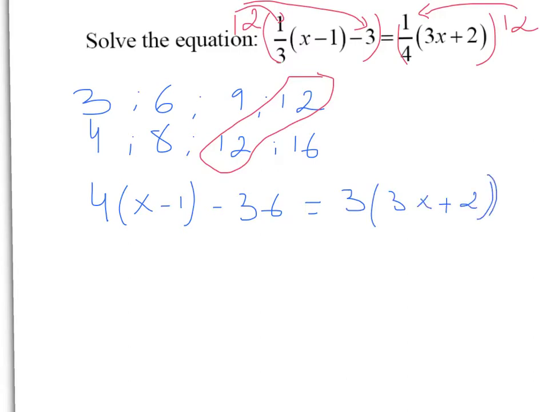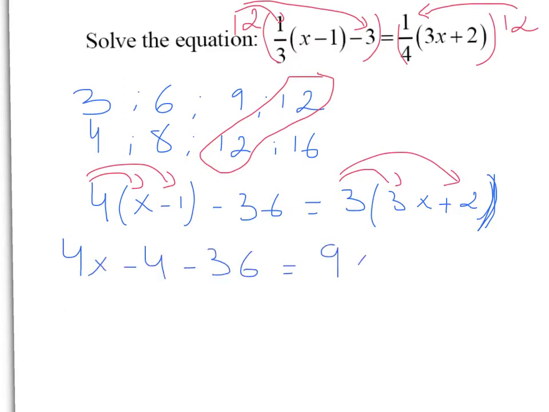Now we can use the distributive property, and we get 4x minus 4 minus 36 equals 9x plus 6. Minus 4 minus 36 is negative 40, equals 9x plus 6.